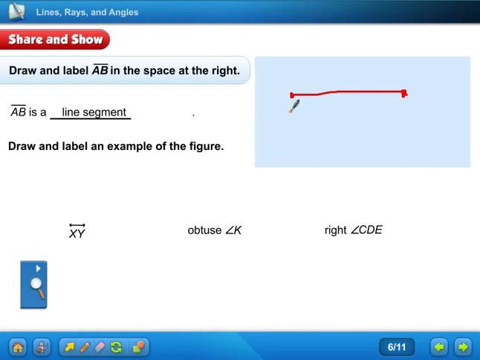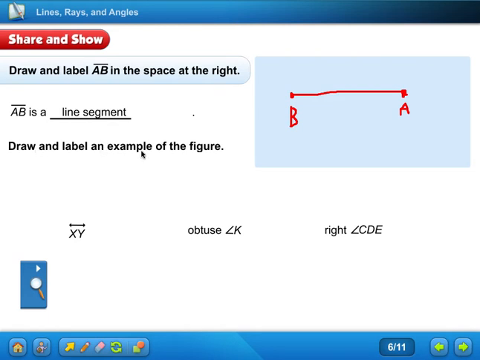And one more step, I have to label it. I can do A, B, or I could do B, A. Either way.